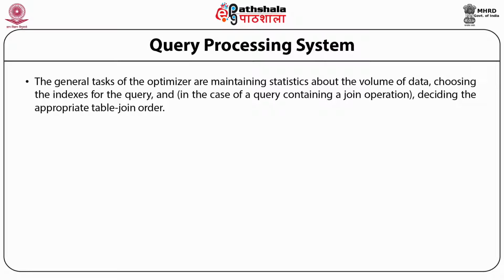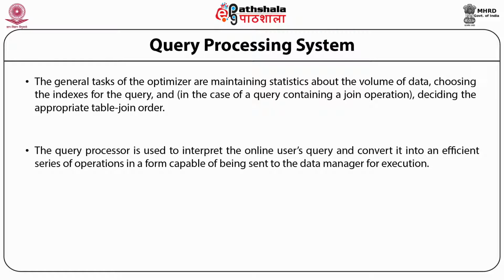The database user retrieves data by formulating a query in the data manipulation language provided with the database. The query processor is used to interpret the online user's query and convert it into an efficient series of operations in a form capable of being sent to the data manager for execution.